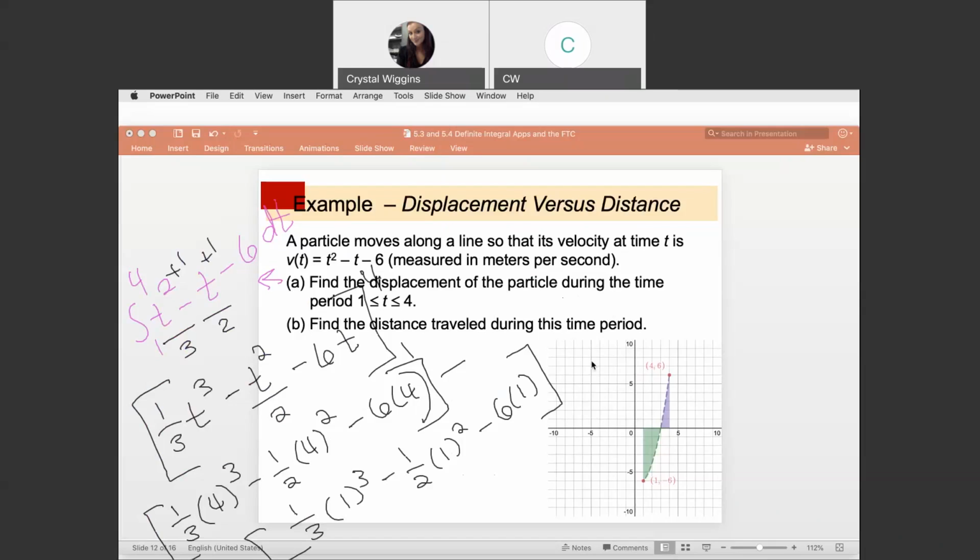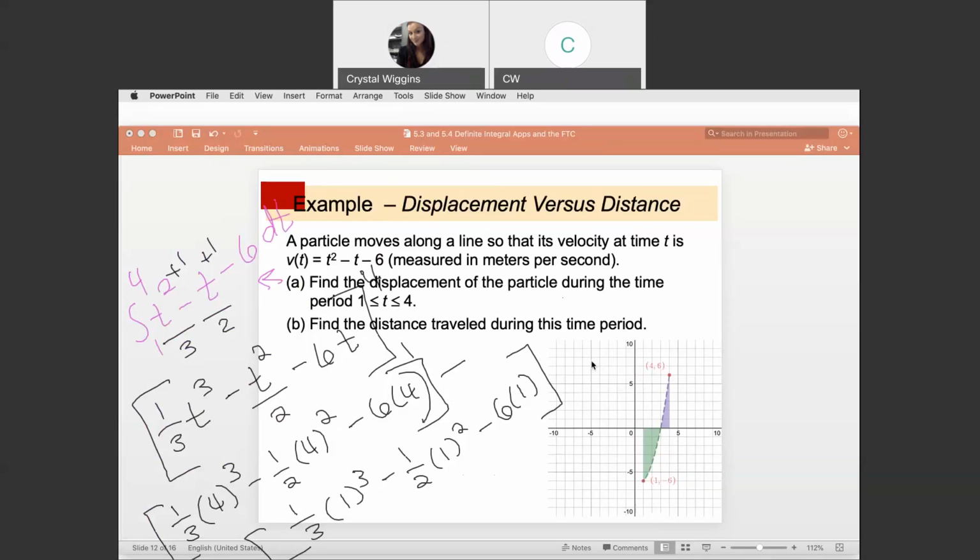So here I am in my calculator, and I have 1/3 times 4 raised to the 3rd power, minus 1/2 times 4 squared, so we have times 16, minus 4 times 6, which is 24.